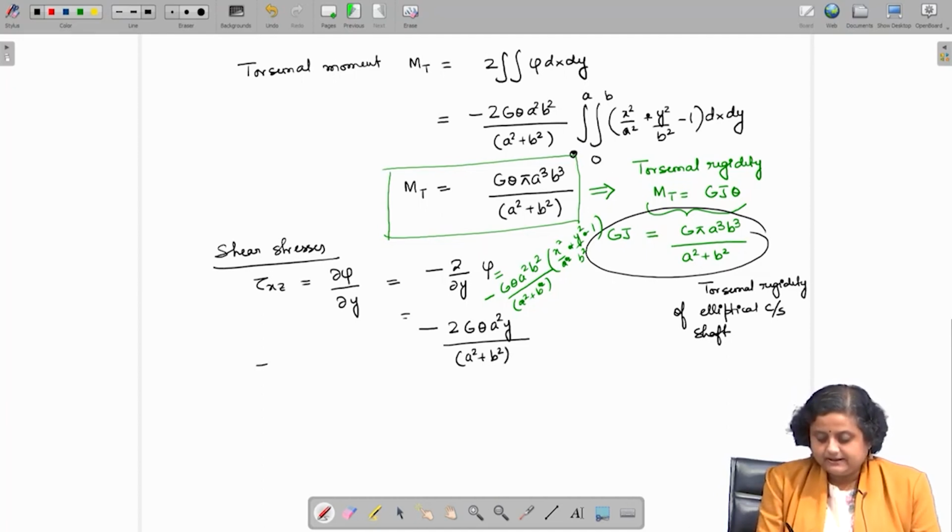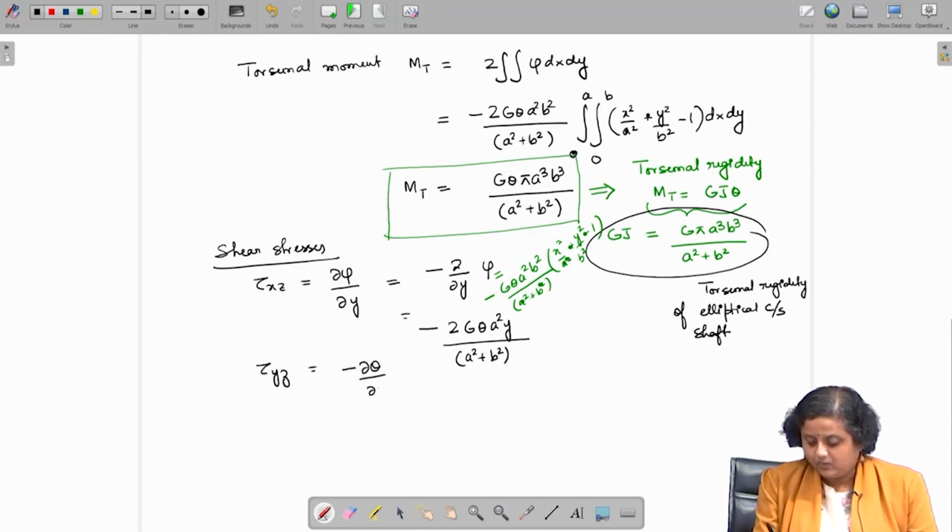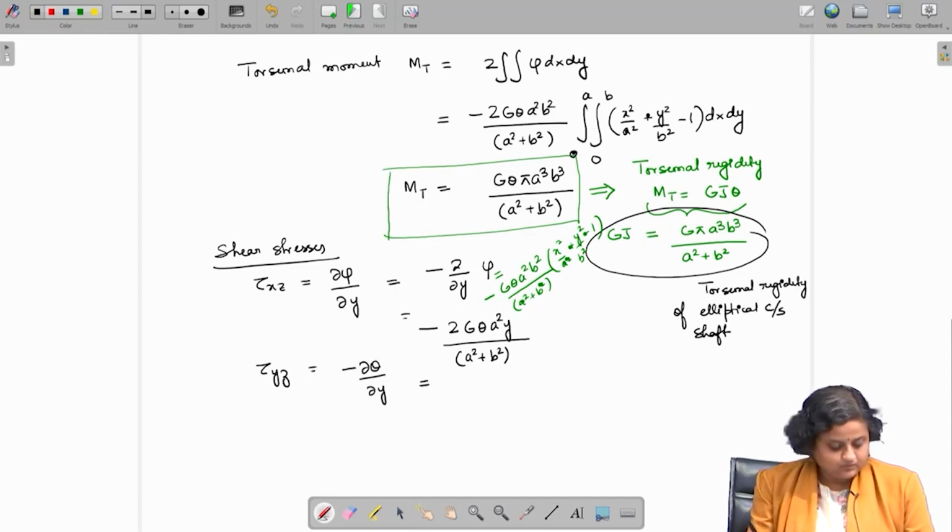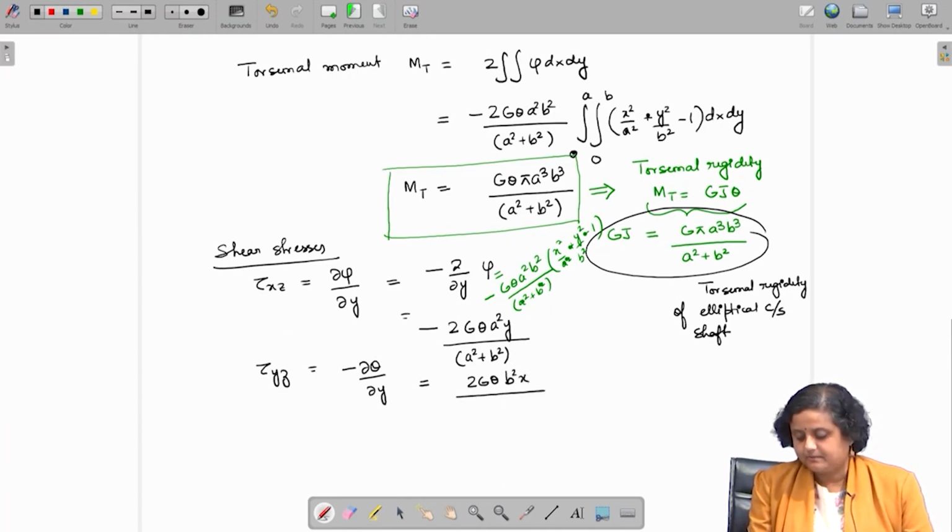Then similarly, tau yz can be written as minus del phi by del y, which will end up being 2G theta b square x by a square plus b square.